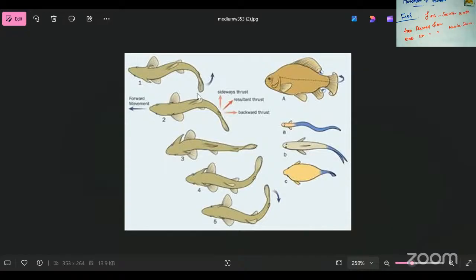Next movement, the front part curves to the opposite side and the tail part also changes position. So in this way, changing of direction is possible in a fish's body. Okay. So this is the special nature of different kinds of fishes. These are all pictures of different kinds of fishes.